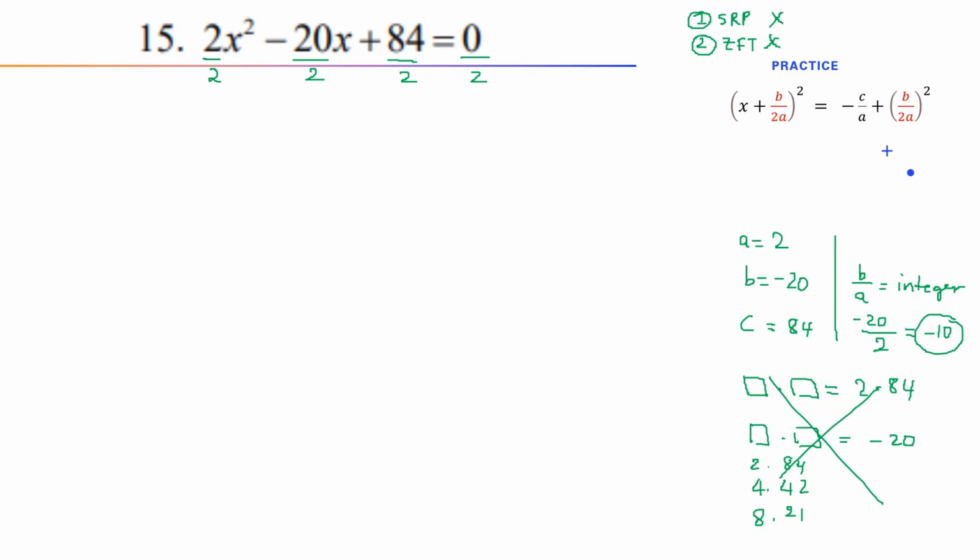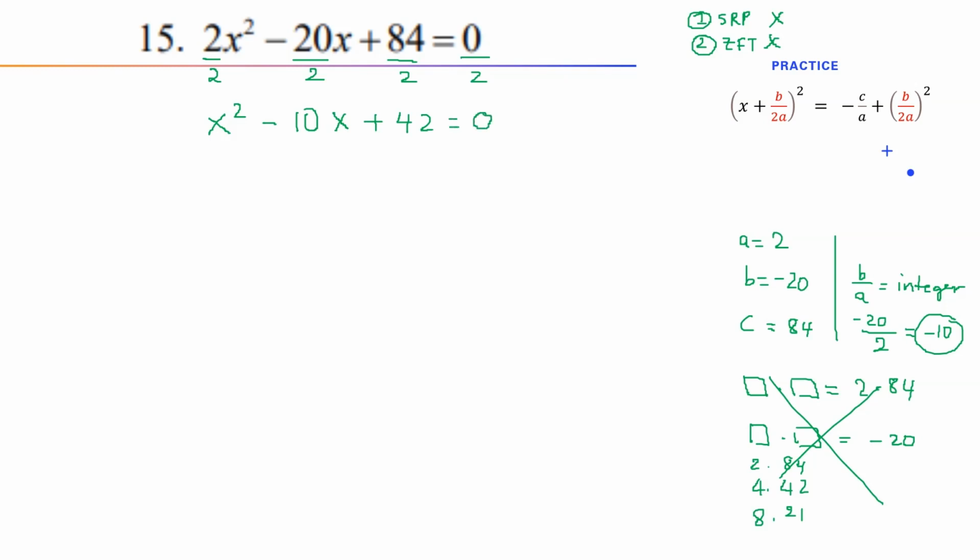On the left-hand side, we have 2 divided by 2 is 1. So we simplify it as x squared minus 10x. 20 divided by 2 is 10, plus 42. 0 divided by 2 is 0.